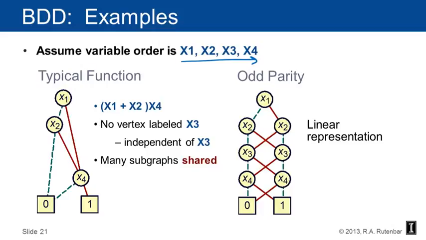What we'll notice is that, interestingly enough, there's no vertex labeled x3. It would be in here somewhere if it existed, because it has to be after x2 and before x4. But this particular function does not depend on x3, and so there are no x3s. And lots of graphs are shared. We're going to talk about that more extensively in this talk.